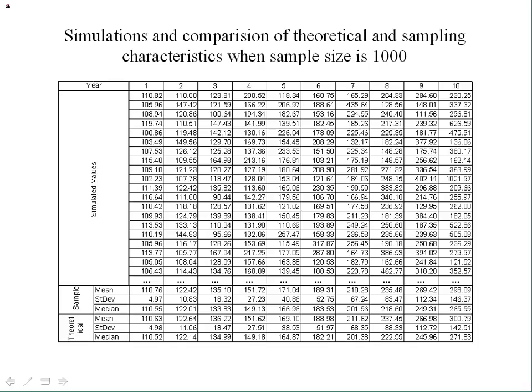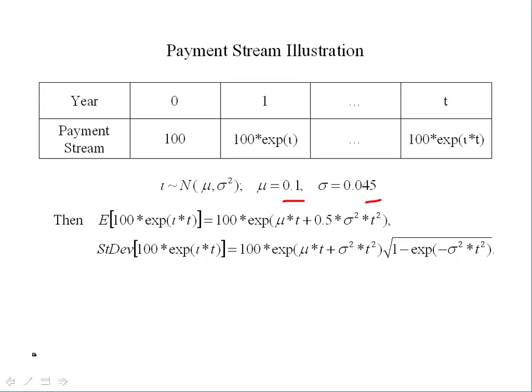So this is the way you would simulate the payments. Let's just do it hypothetically here. The first thing you do is you simulate a random number from this distribution, and suppose the inflation you simulate is 0.11, 11%. So you calculate your payments, 100, 100 e to the 0.11, and then 100 e to the 0.11 t, whatever t is.